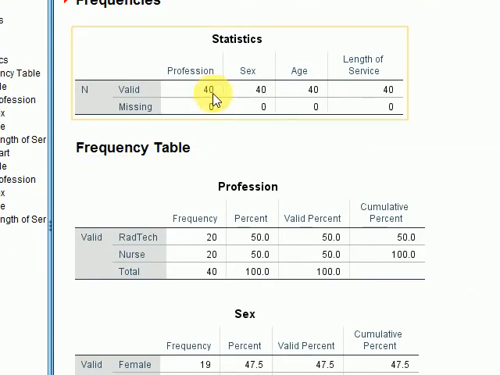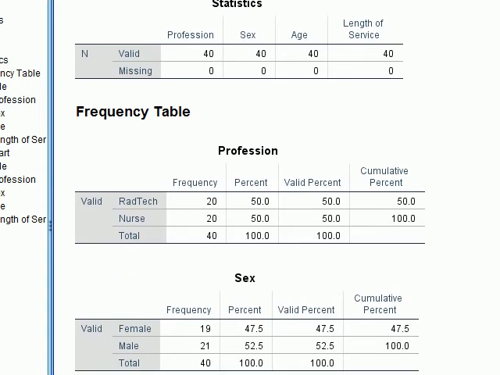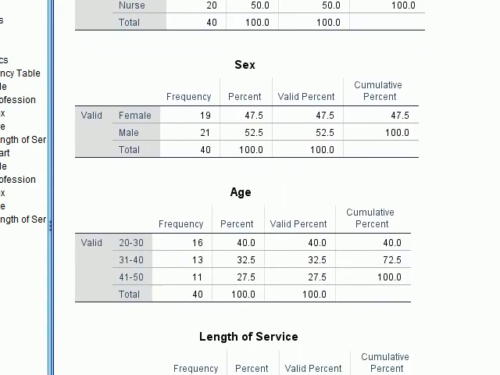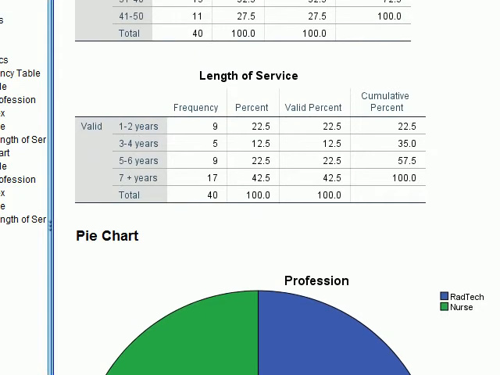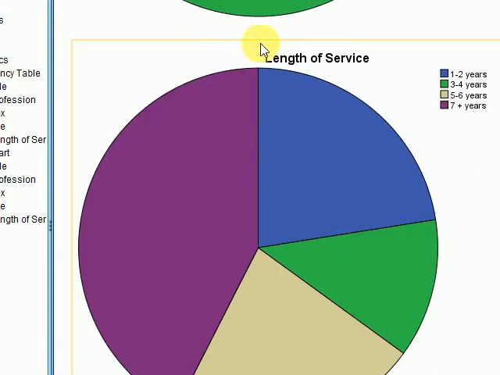So this is just an analysis whether there's a missing demographic or whatever. So this is profession, 20 radtech, 20 nurse, 19 female, 21 male, and the age groups, the length of service, and this is the charts. Okay, you'll see them anyway.